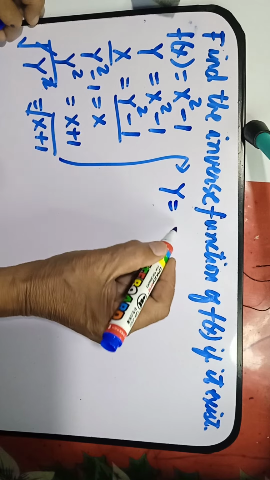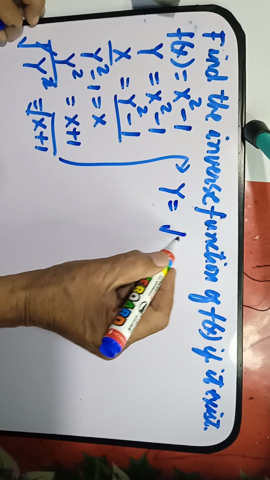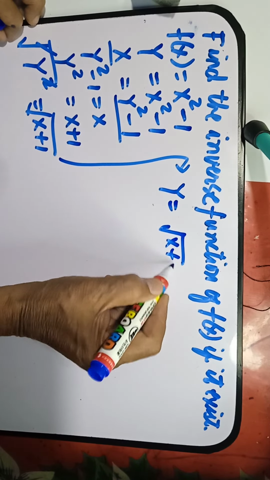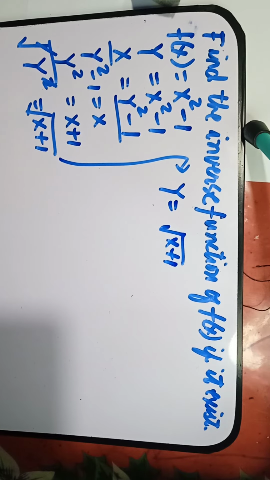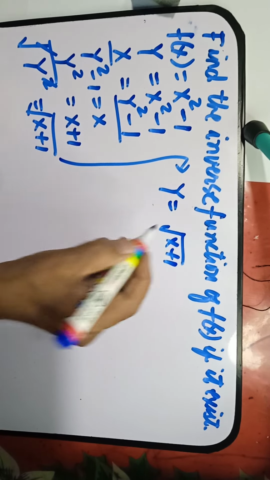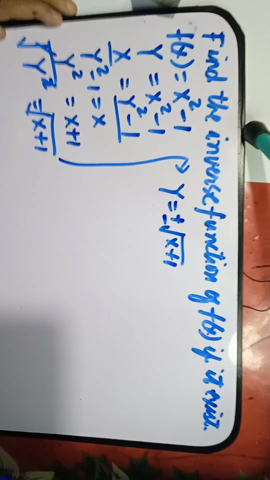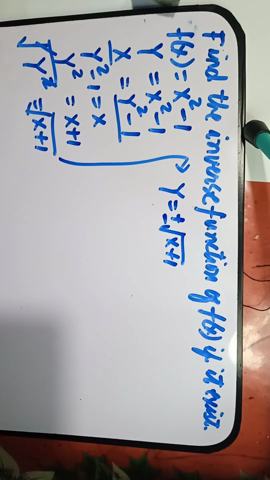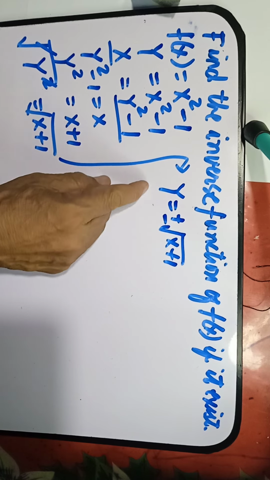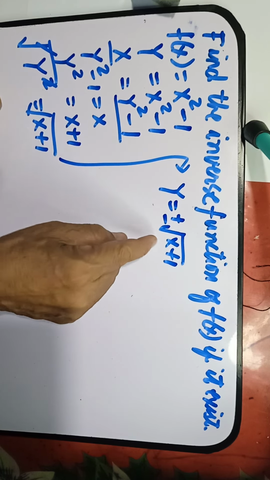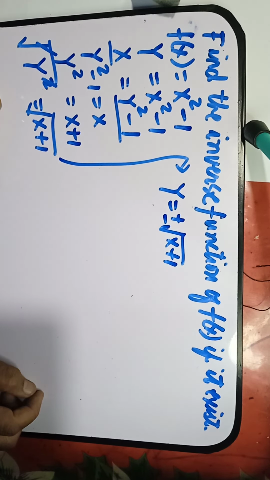So y is equal to the square root of x plus 1. But square root means plus or minus. So, there are two, for a value of x, one value of x, there are two values of y.